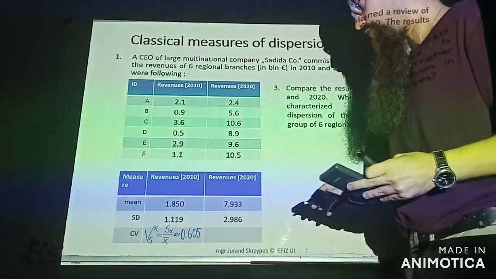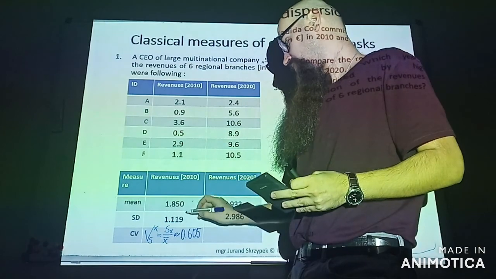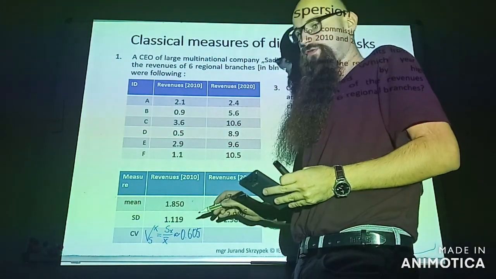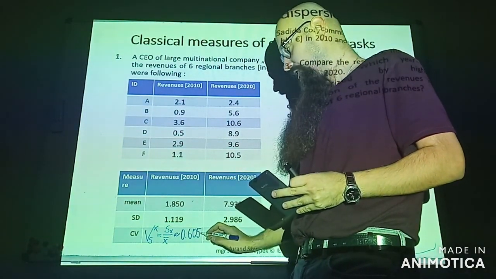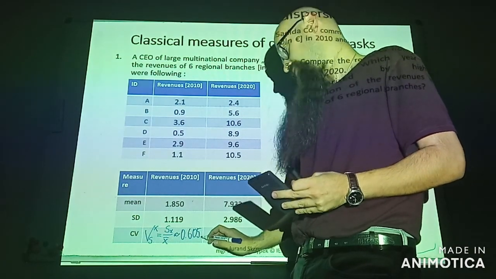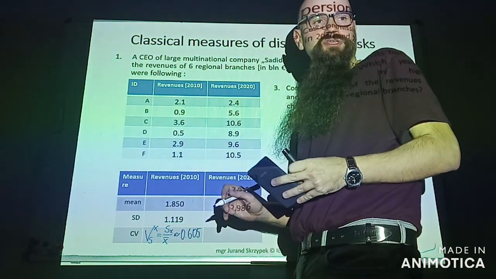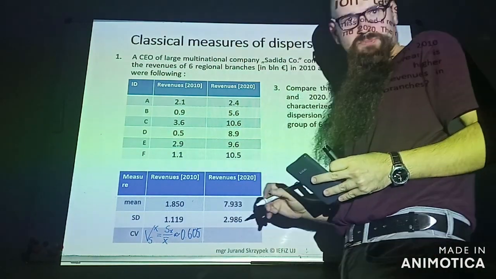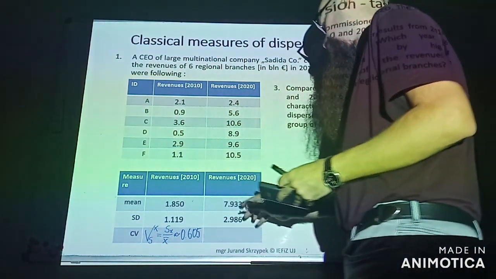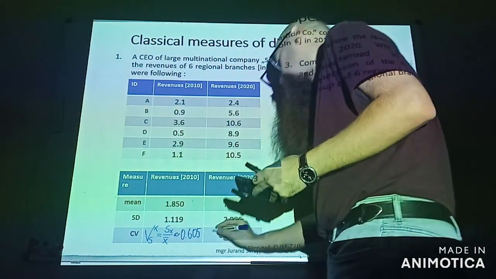So it means that average deviation of the revenues values represents around 61% of the arithmetic mean. Yeah, it's very important information.